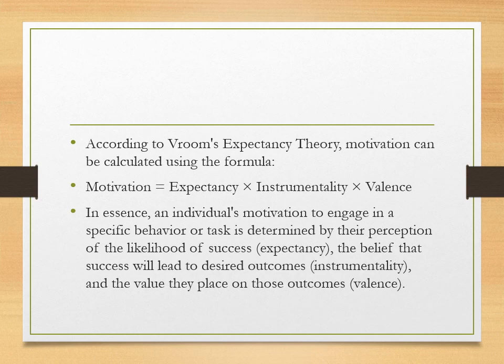According to Vroom's expectancy theory of motivation, motivation can be calculated using this formula. Motivation is equal to expectancy multiplied by instrumentality multiplied by valence. In essence, an individual's motivation to engage in a specific behavior or task is determined by their perception of the likelihood of success, which is called expectancy, the belief that success will lead to desired outcomes, that is instrumentality, and the value they place on those outcomes, that is valence.